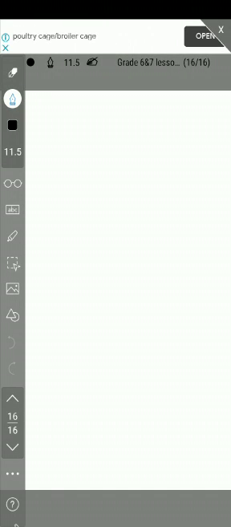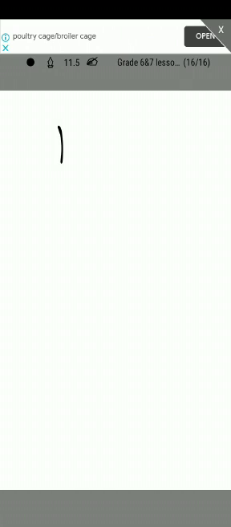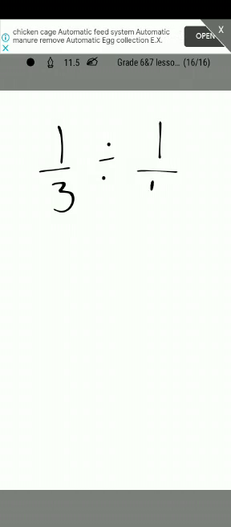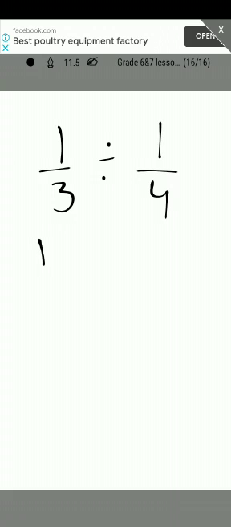Now over here we are going to divide a fraction by a fraction: 1/3 divided by 1/4. These two are both fractions, right? The method is going to be the same. Division of a fraction is the same as multiplication by its reciprocal.